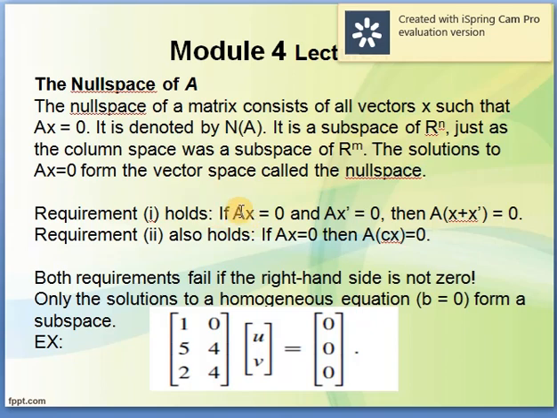So the meaning of this one is, if A is there and X is there, which is one of the solutions, just like U is 0 and V is 0, which results in 0. And if there is another value X dash, some other combination, maybe 1, 0 or 0, 1 or whatever, maybe minus 1, minus 1, which makes this multiplication 0, then A multiplied by the sum of both of those values is equal to 0.